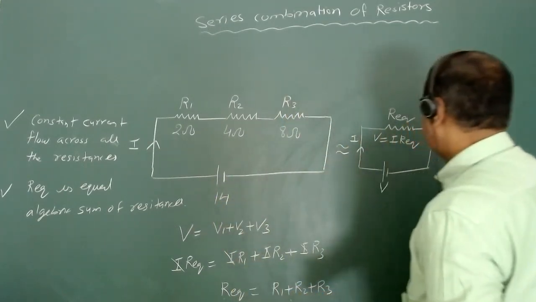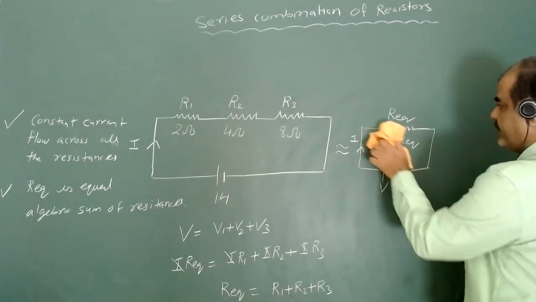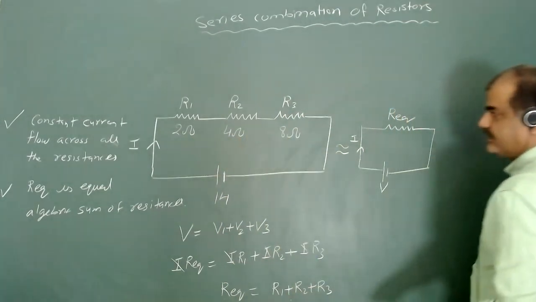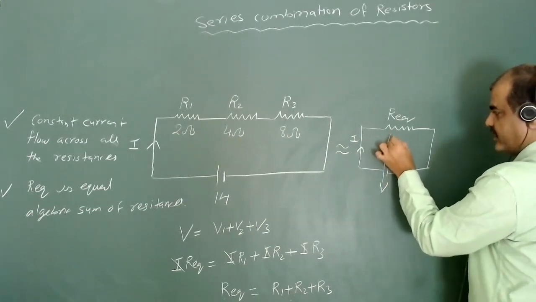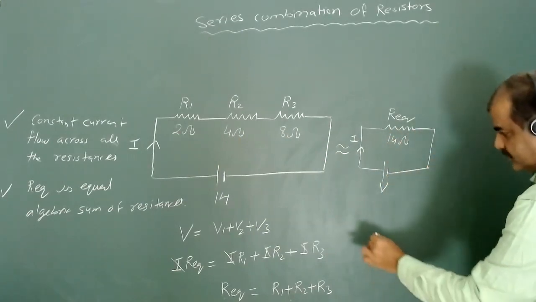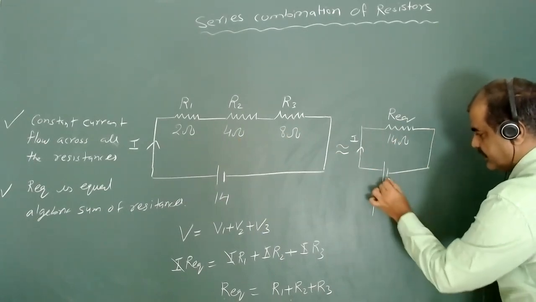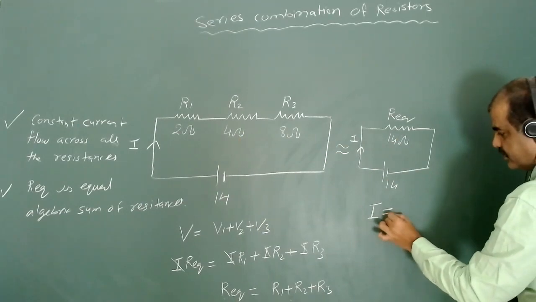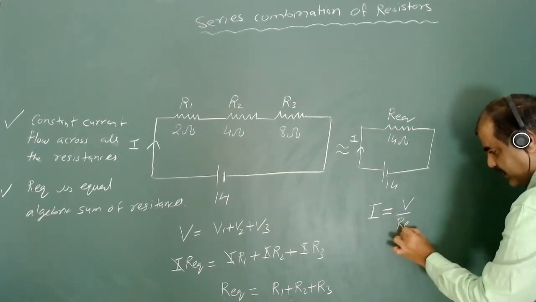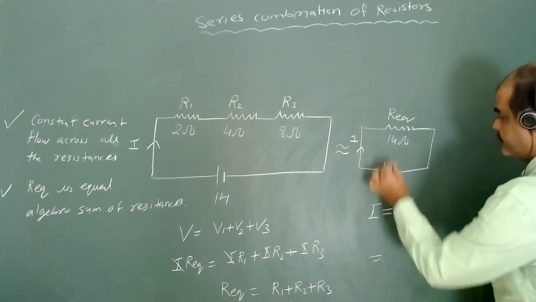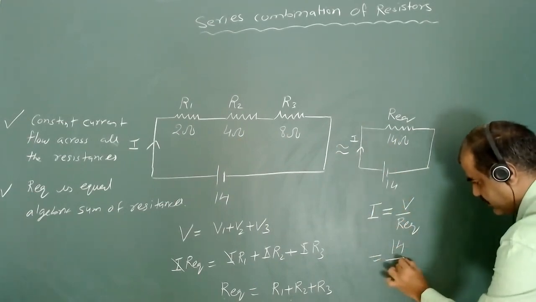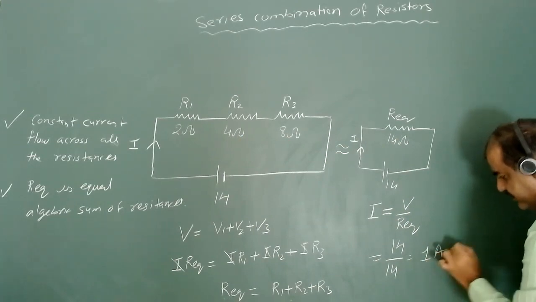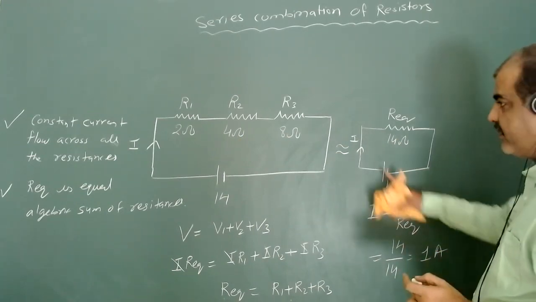Now my R equivalent will be R1 plus R2 plus R3, that is 14 ohms, and the total current in the circuit will be I equal to V upon R equivalent, that is 14 upon 14, equal to 1 ampere. So now the current value is 1 ampere.